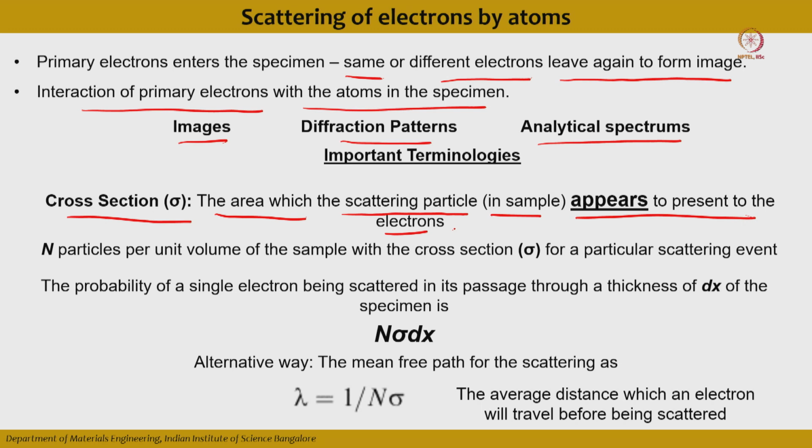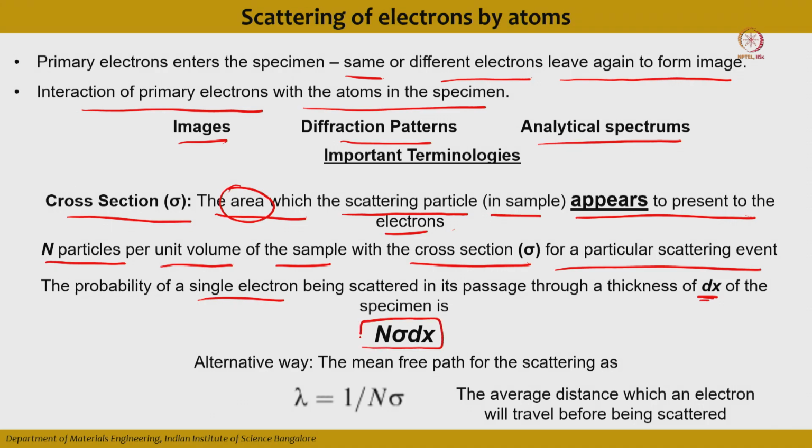If you consider there are n particles per unit volume of the sample with the cross section sigma, for a particular scattering event, the probability of a single electron being scattered in its passage through a thickness of dx can be given as n sigma dx. Here n is the number of particles per unit volume of the sample, sigma is the cross sectional area, and dx is the thickness across which the beam has travelled.